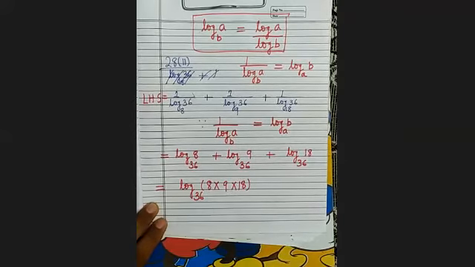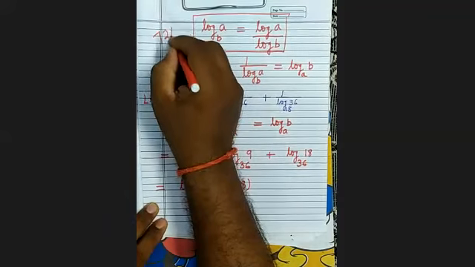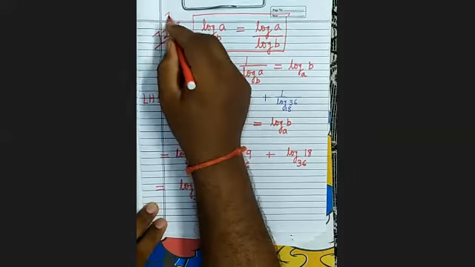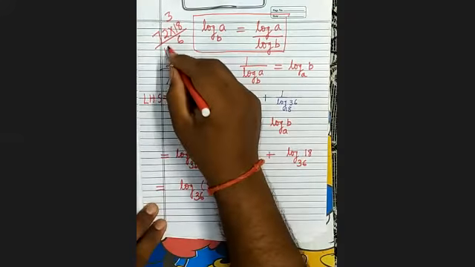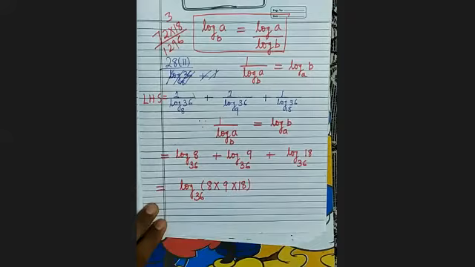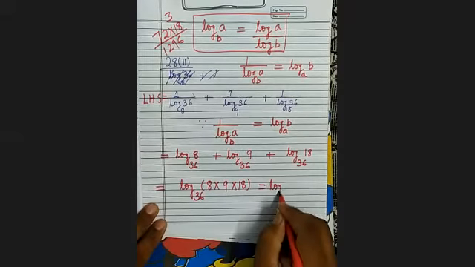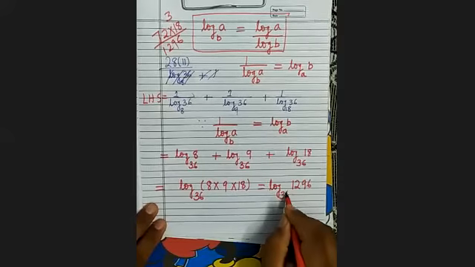Now simplify 8 into 9 is 72, into 18 is 1296, so log 1296 to the base 36.